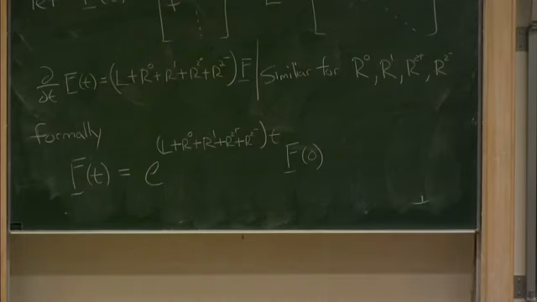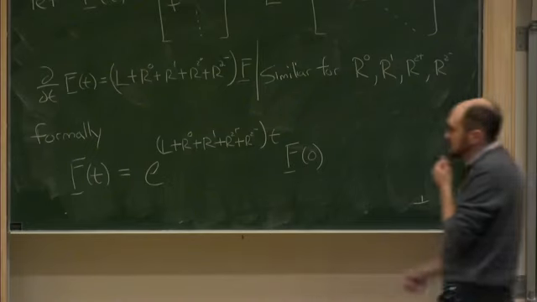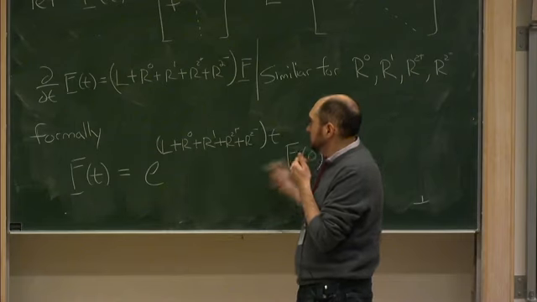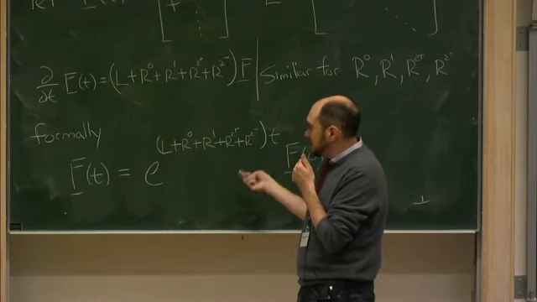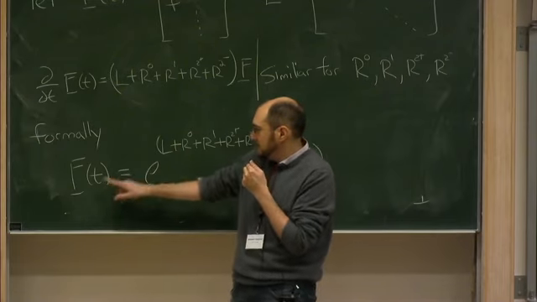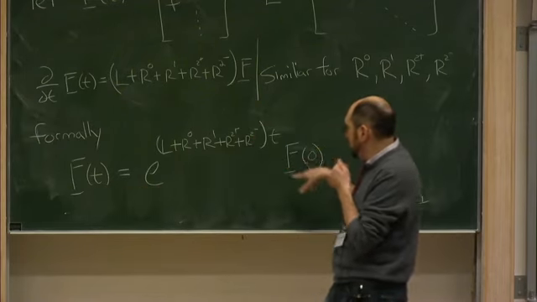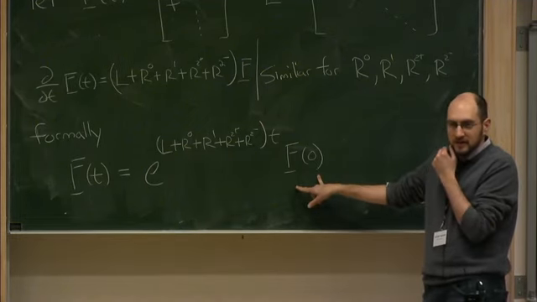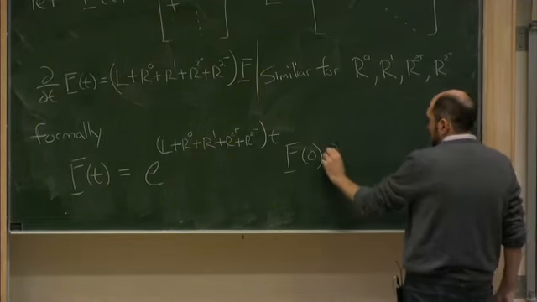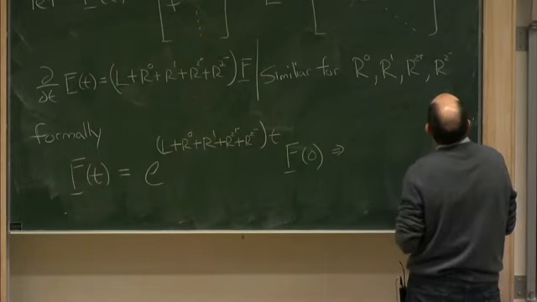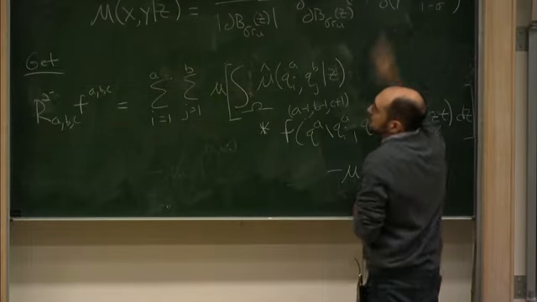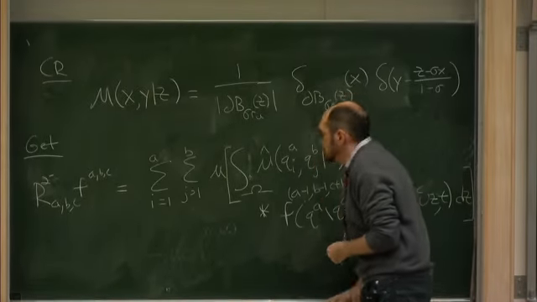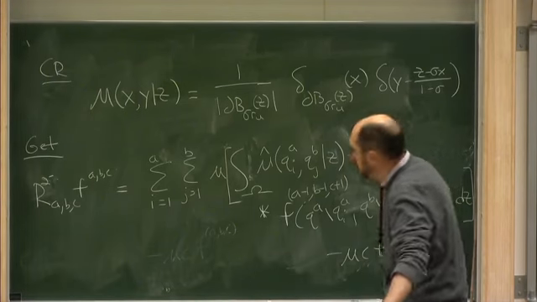Everybody agree? So in particular, I know how to calculate f of t plus delta t, right? This gives me formally a semigroup evolution operator. So I know formally that the solution at time t plus delta t is just this operator with the delta t applied to the solution at time 0, right?